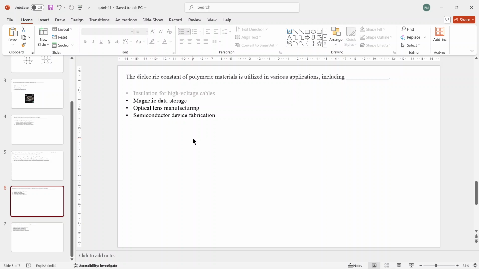There you can clearly see the insulation for high voltage cables. Here the amount of dielectric loss of the polymeric material can be useful in understanding the relation for that.